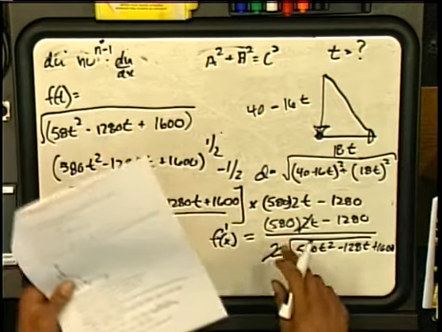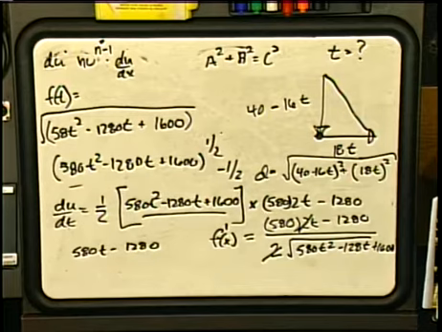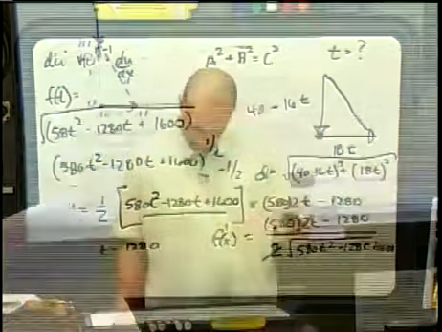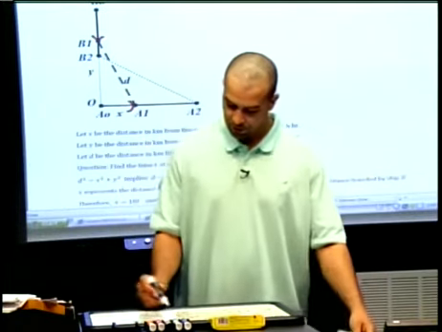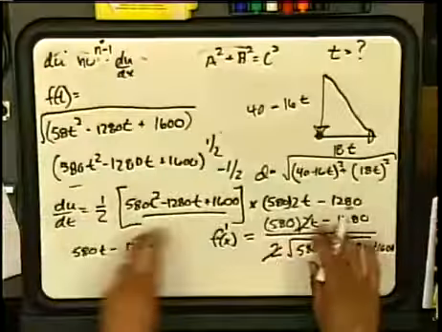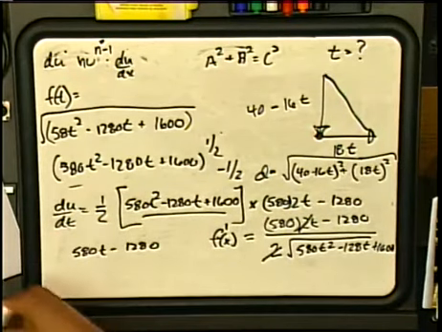Hold on. 580 times 2. Why are you just doing it on the right side, like f prime of x? Right here. This is the whole thing. This comes to the bottom. Let me show you again.